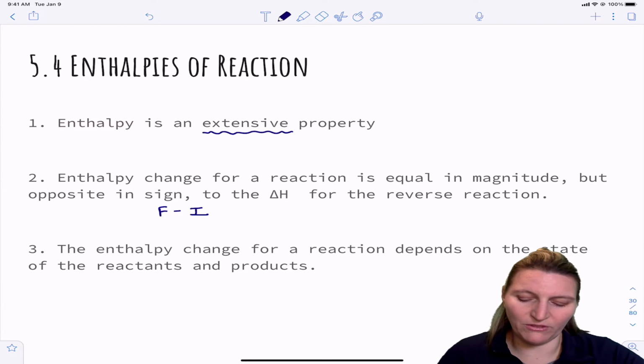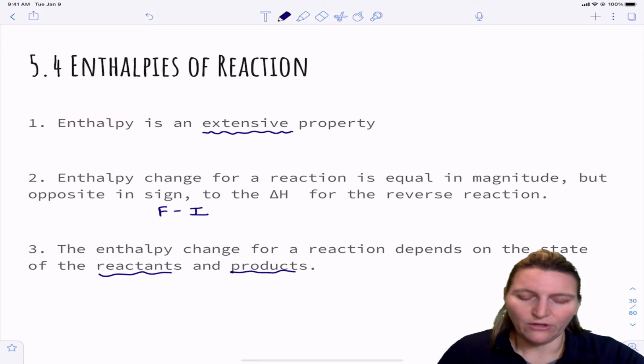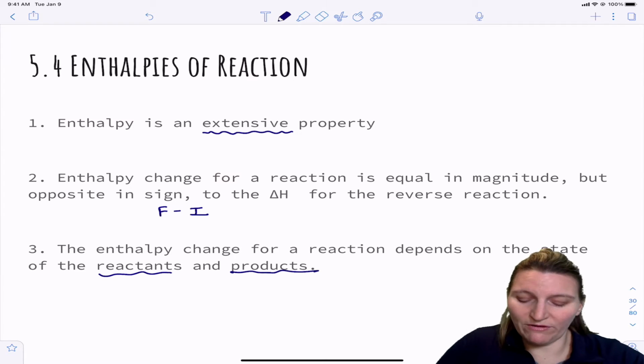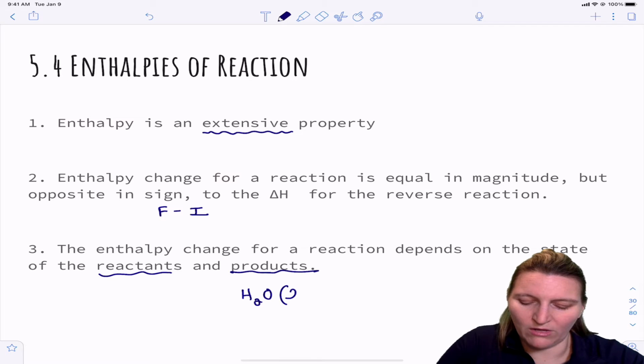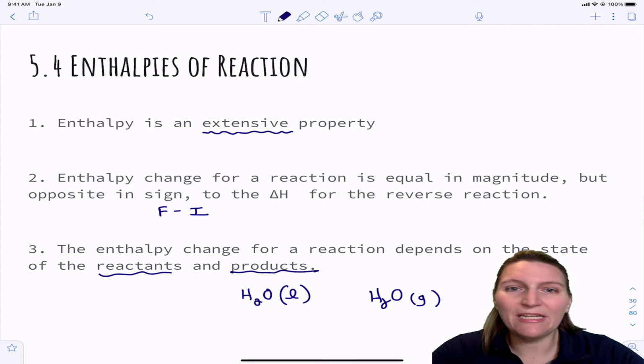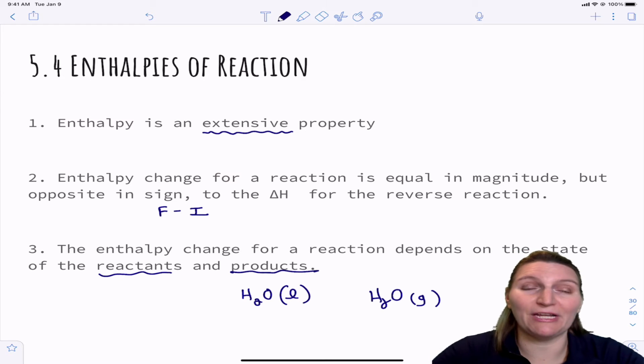Number 3, the enthalpy change for reaction depends on the state of the reactants and products. So far, when we first introduced the idea of state symbols, H2O liquid versus H2O gas, we didn't really use it all that much. A little bit for when we were doing precipitate reactions and knowing which ones are solid or aqueous.